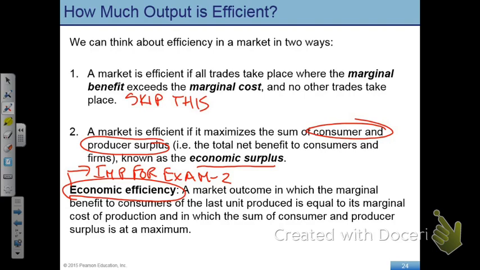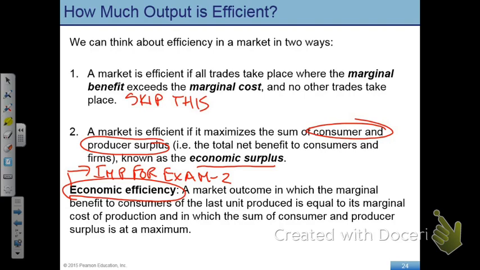So from now on we are going to talk about economic efficiency rather than this broader idea of efficiency, because sometimes when we talk about only efficiency, we tend to miss out some of the implications. So we are going to have, I think, a more conventional measurement of economic efficiency, which, to begin with, is a market outcome.